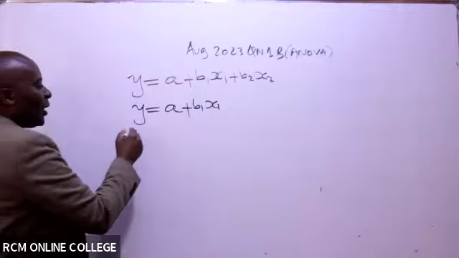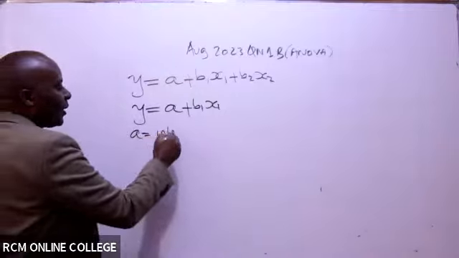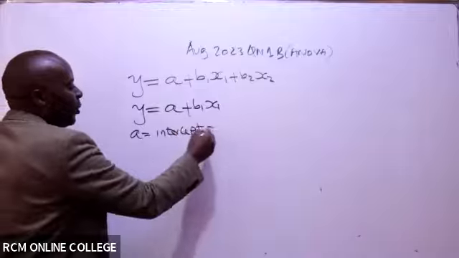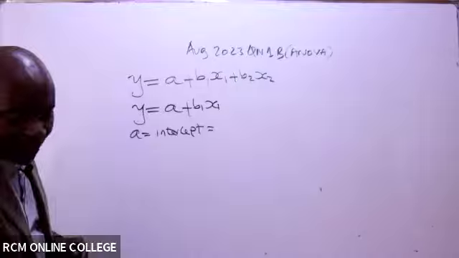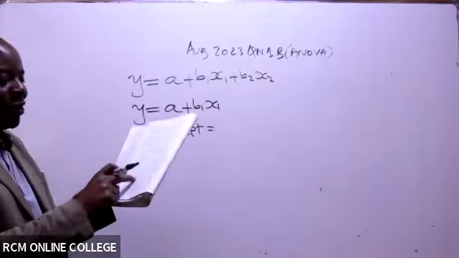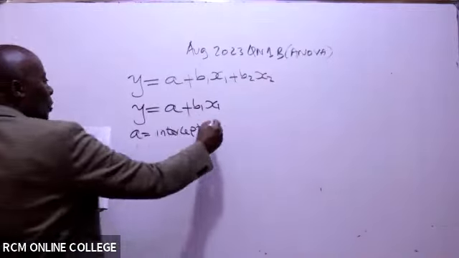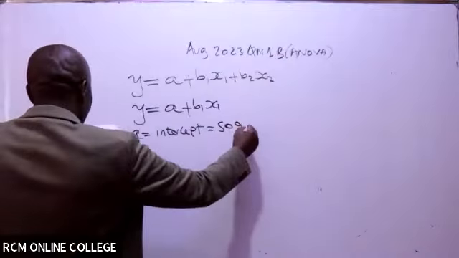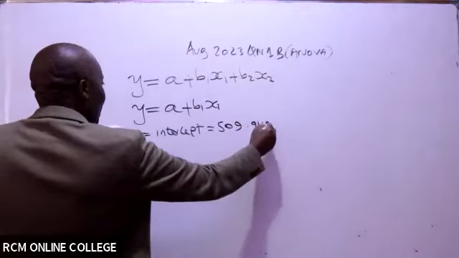So don't forget that A is the intercept, which in this question has been provided. In this question, have they given us the intercept under the coefficient? So yes, the intercept coefficient is 509.9119.